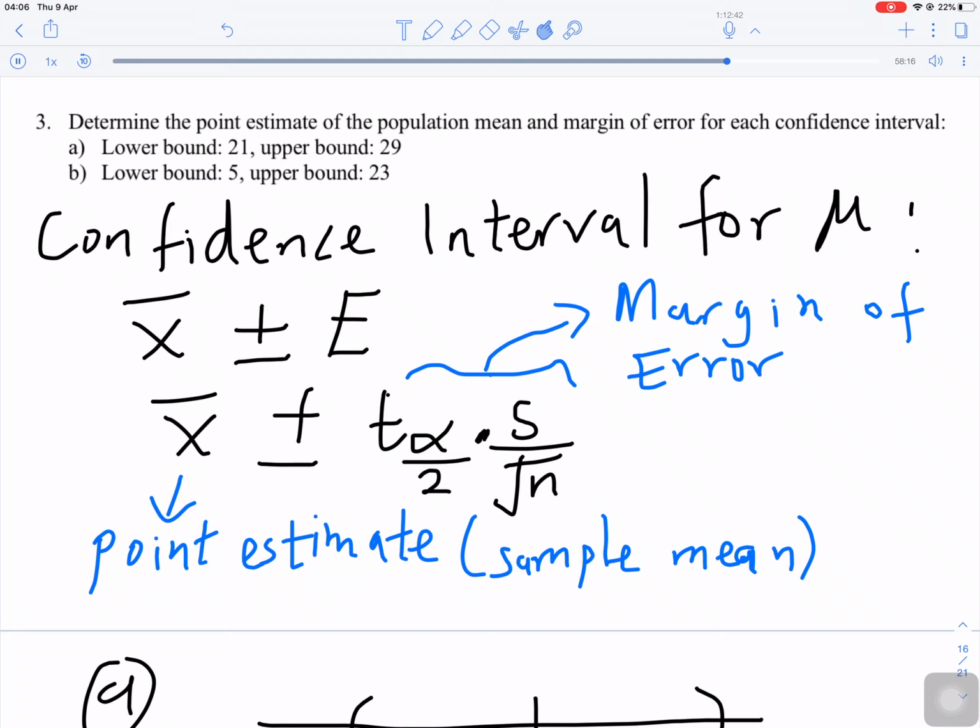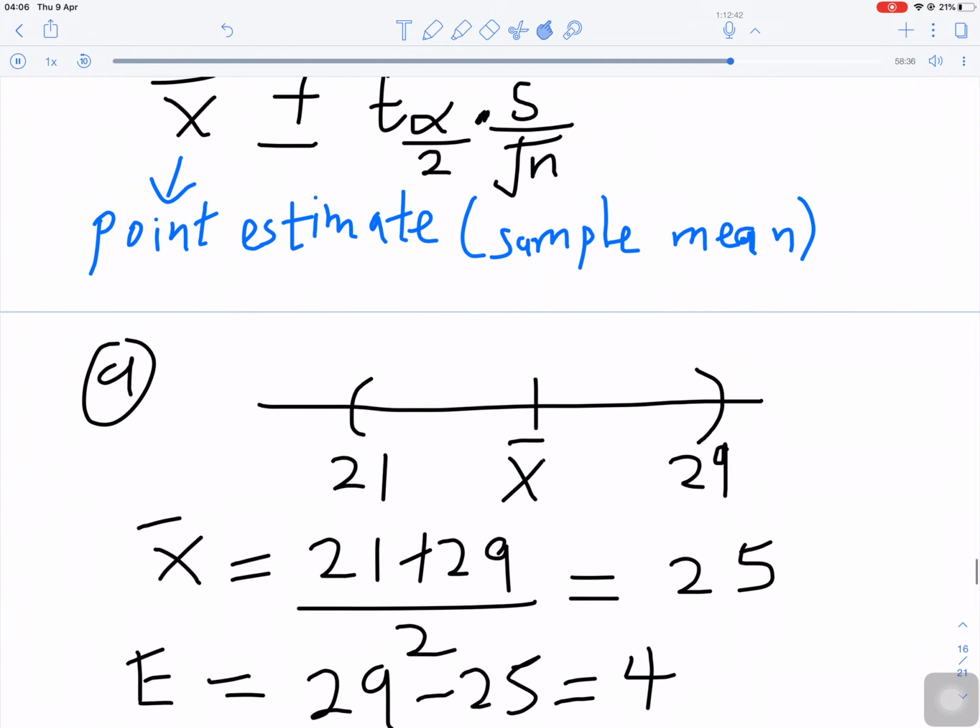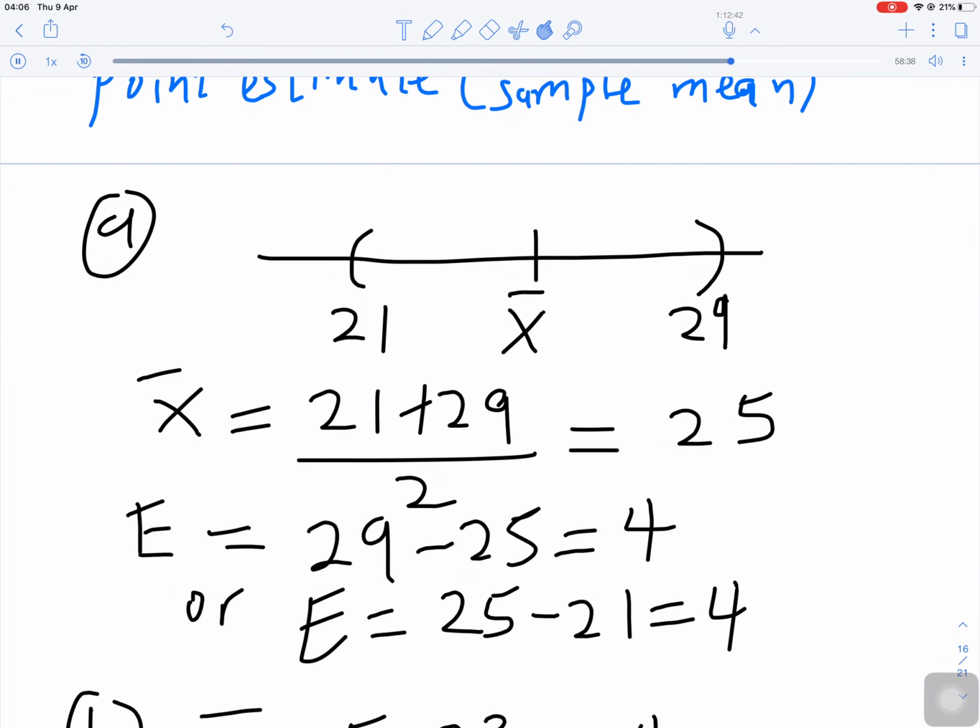Now remember, the confidence interval for mu is given as the point estimate plus or minus the margin of error. For A, the lower bound is 21, upper bound of 29. When we sketch, we realize that the x bar, which is the point estimate, lies exactly in the middle.